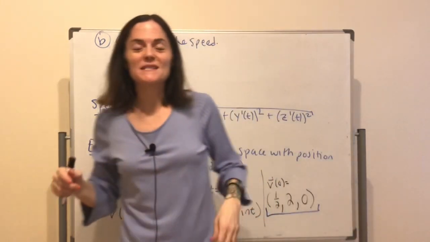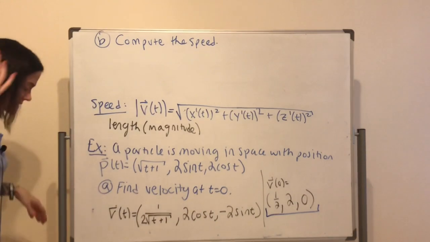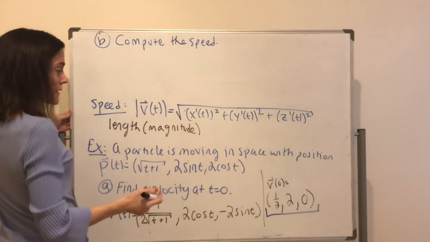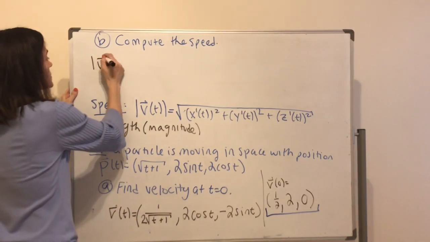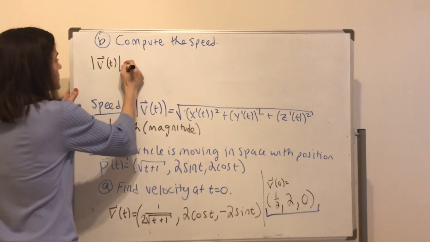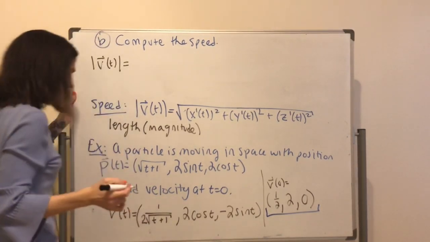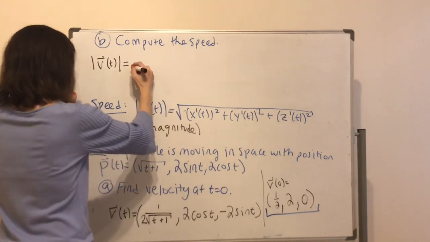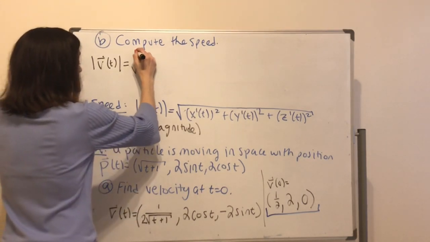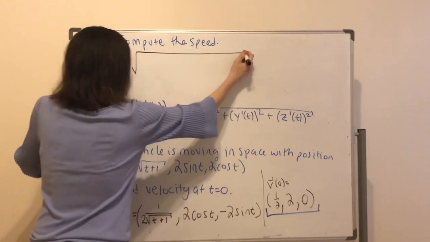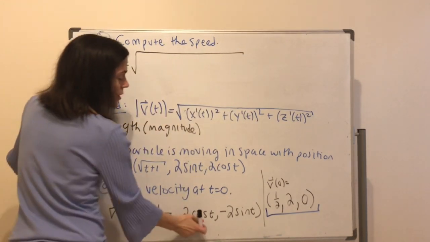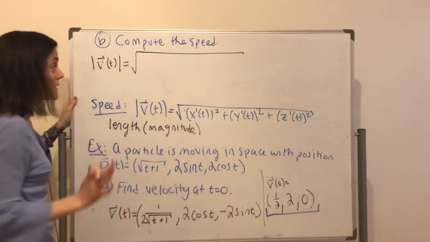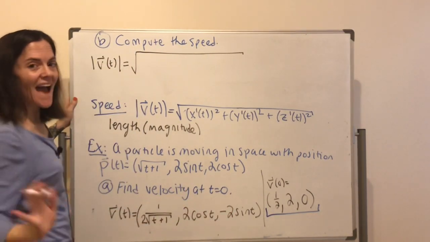Now part B. We want to compute the speed, and this is as a function of t. Well, we take the velocity and we compute its magnitude, and I will simplify this. Well, we take each component and you square them, and then you put them under a square root, add it up.